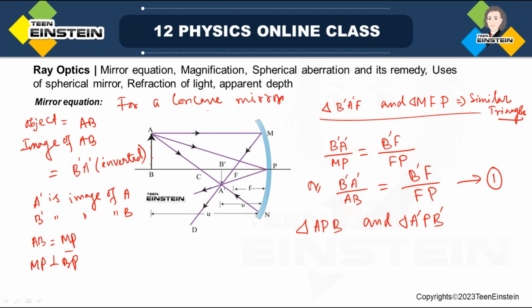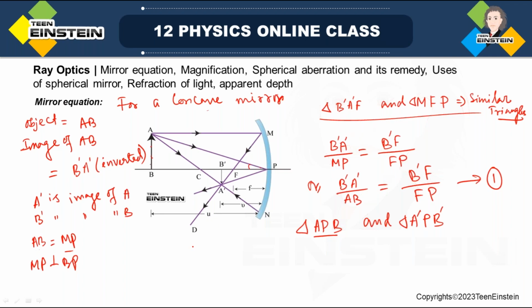From these triangles, the angle APB and APB prime are actually equal angles.